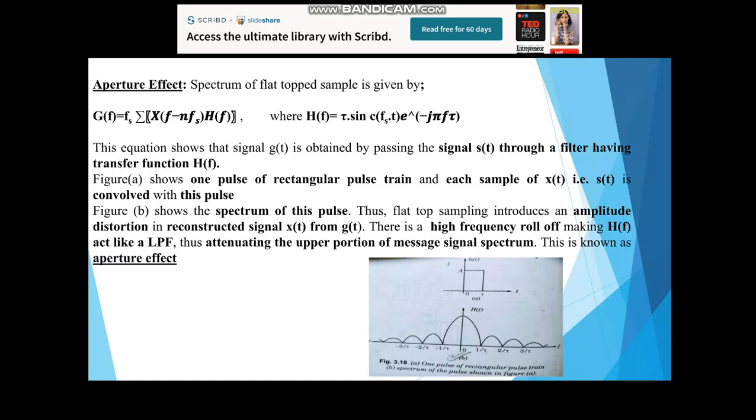The figure shows the spectrum of this pulse. Thus, flat top sampling introduces an amplitude distortion in the reconstructed signal x(t) from g(t). There is a high frequency roll-off, making H(f) act like a low pass filter, thus attenuating the upper portion of the message signal spectrum. This is known as aperture effect.